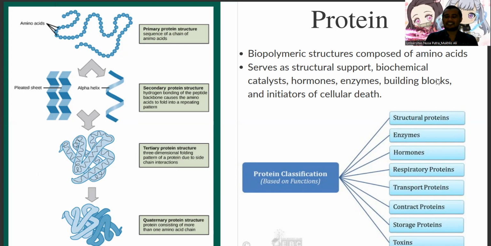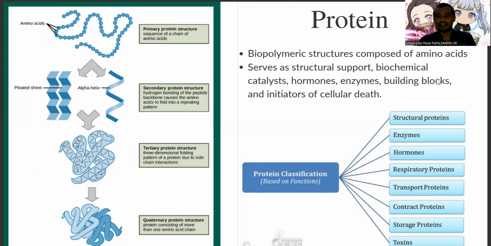Other function is respiratory proteins, related with the respiratory system, respiration in our body. The next one is transport proteins, relating with blood process or fluid process, or maybe food transfer, food delivery in our body.